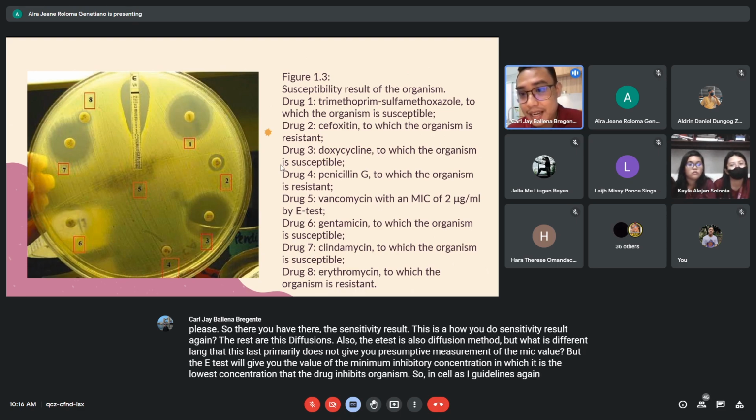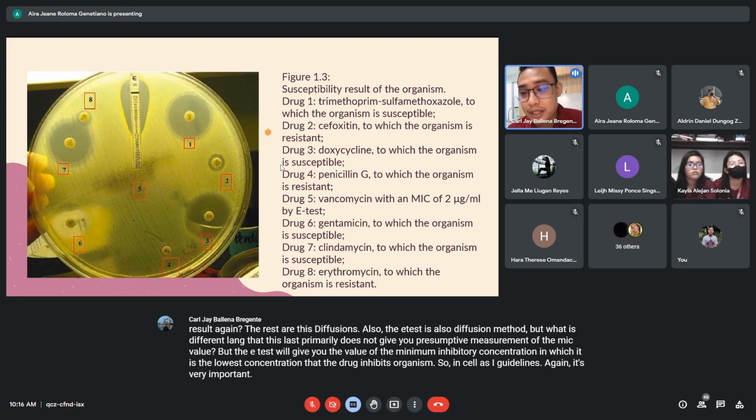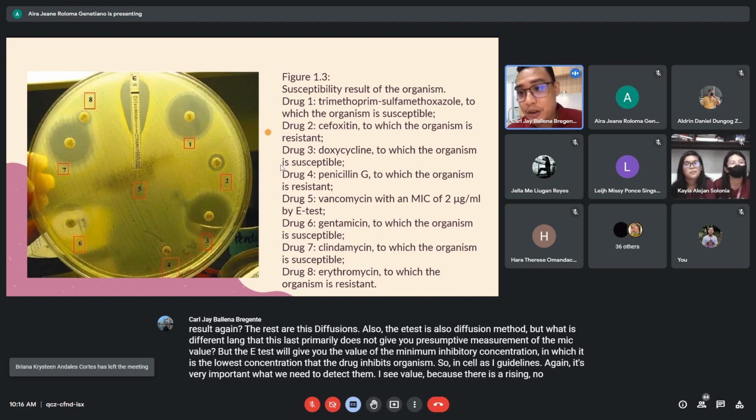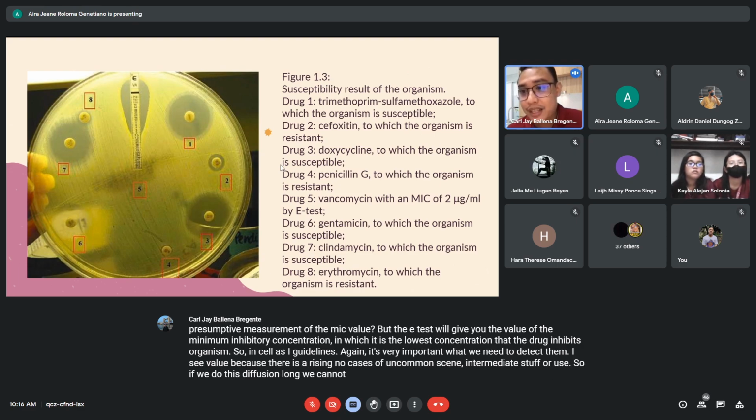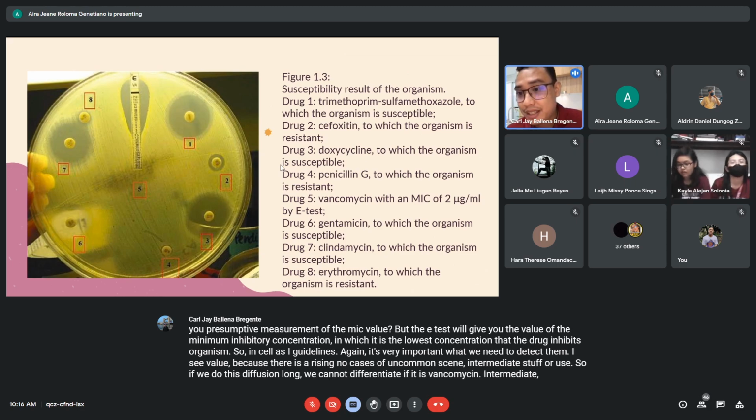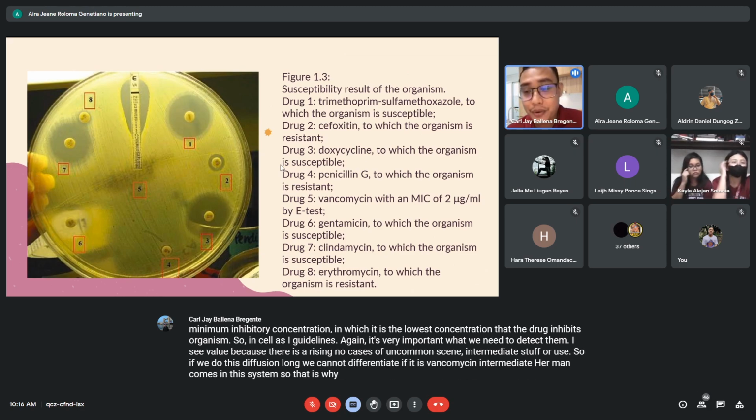Again, vancomycin is very important. We need to detect the MIC value because there are rising cases of vancomycin intermediate Staph aureus. If we only do disk diffusion, we cannot differentiate if it is vancomycin intermediate or vancomycin resistant. That is why we need to perform MIC testing.